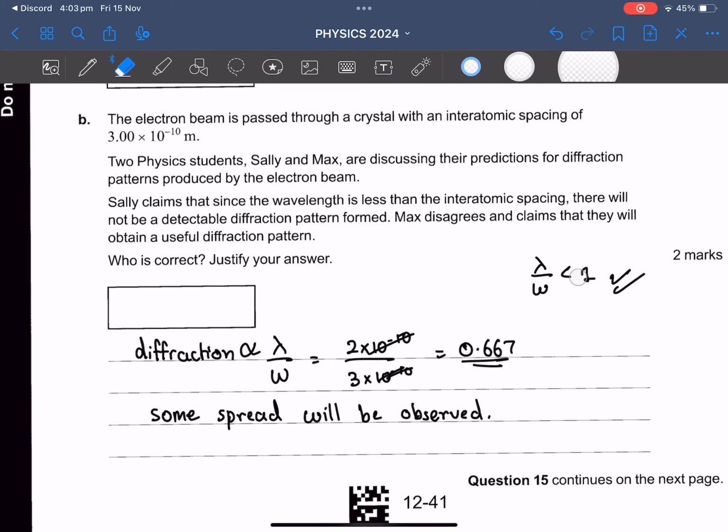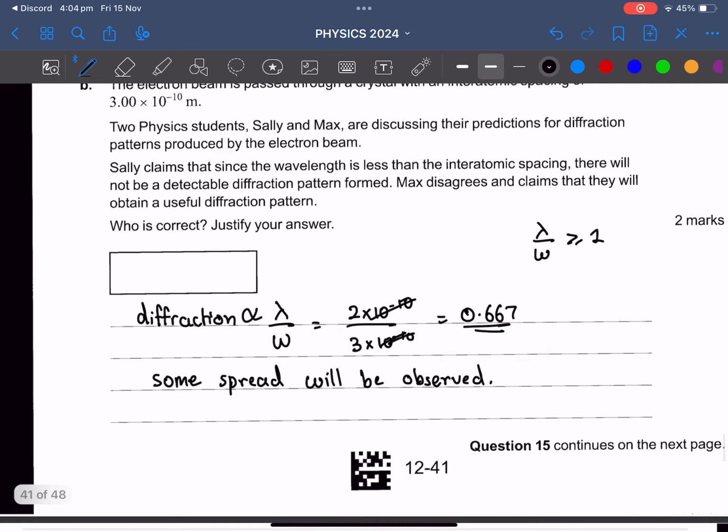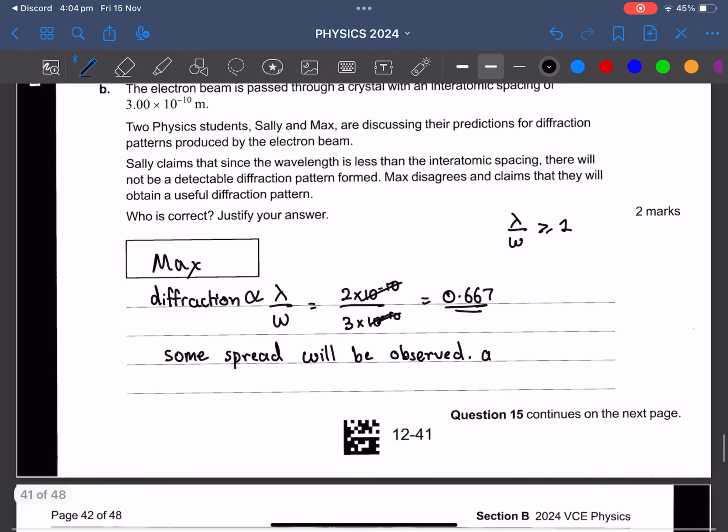If lambda over w is greater than or equal to 1, then there is very good spread. Since the value is still relatively close to 1, I'm going to say some spread is still observed. So I'm going to say Max is correct, and I'll add my reasoning that 0.1 is less than lambda on w, which is less than 1.